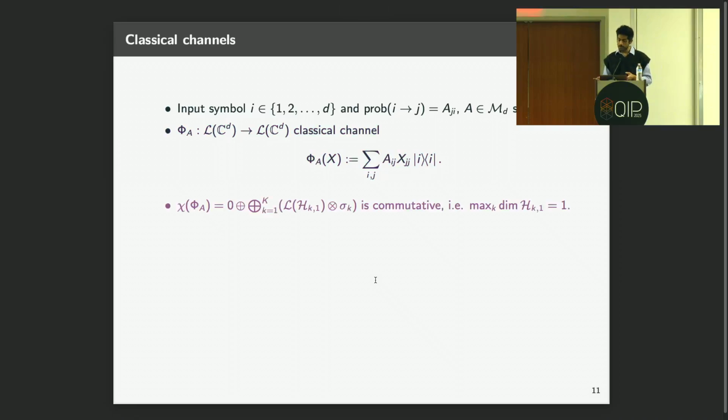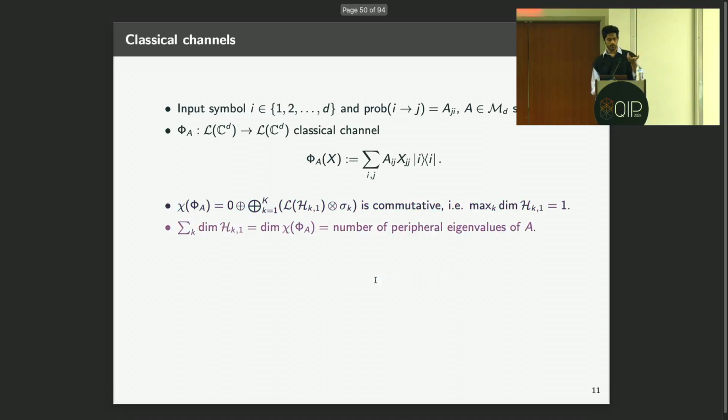And for this channel, the peripheral space must be commutative, because if not, then you could store a qubit for this completely decohering channel, which is impossible. So the sum over dimensions is just the dimension of the peripheral space, which is nothing but the number of peripheral eigenvalues of your noise, of your matrix.